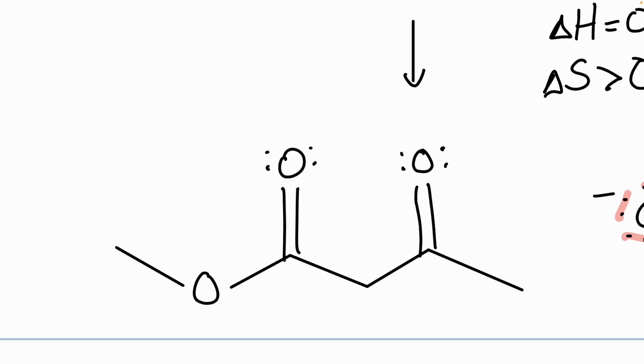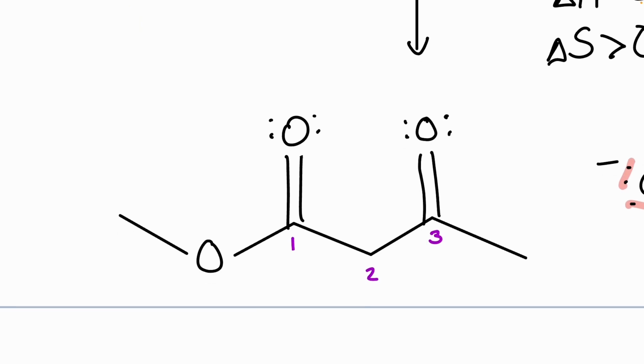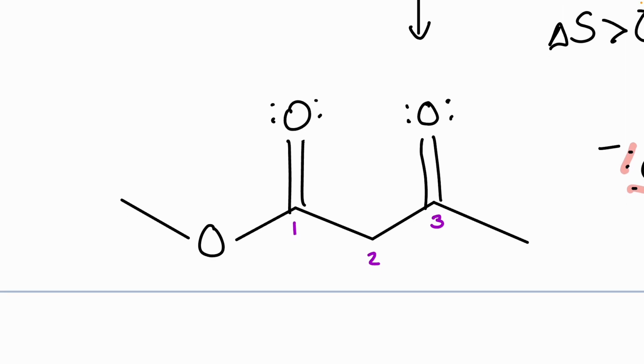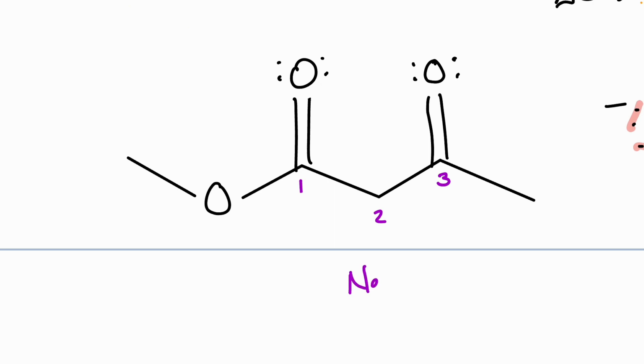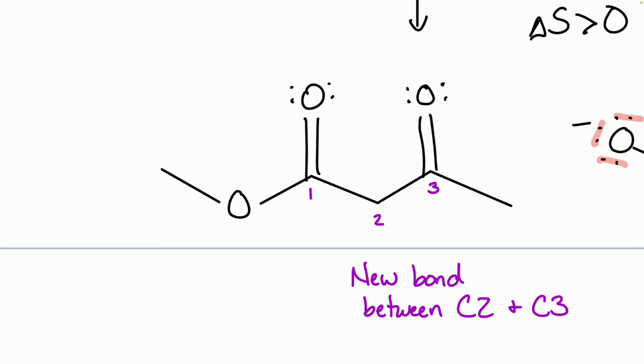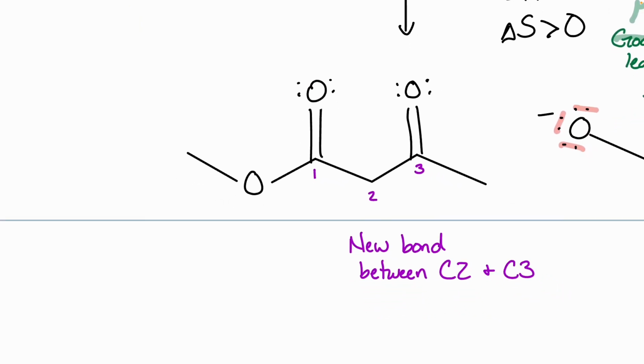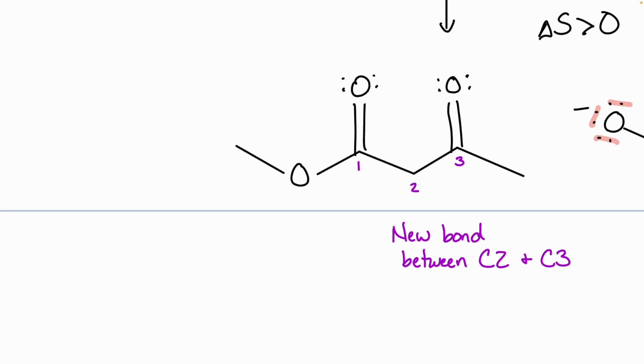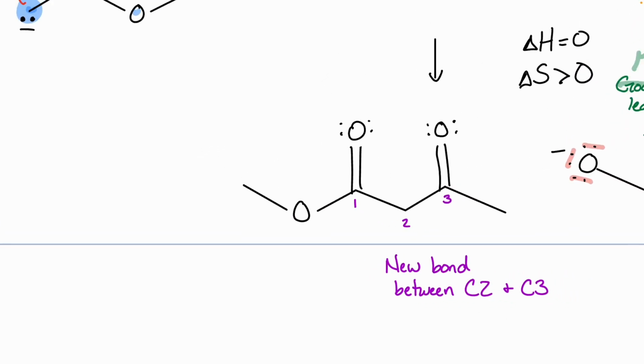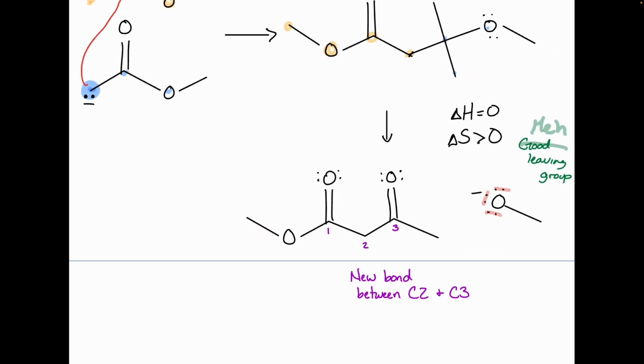If I start counting at my ester carbonyl carbon, 1, 2, 3, I'll always have this 3 carbon spacing of these 2 functional groups, and my new bond will always be between carbons 2 and 3. All right, so just kind of an easy double check for both the aldol addition condensation and our Claisen condensation reactions is the spacing of these functional groups.